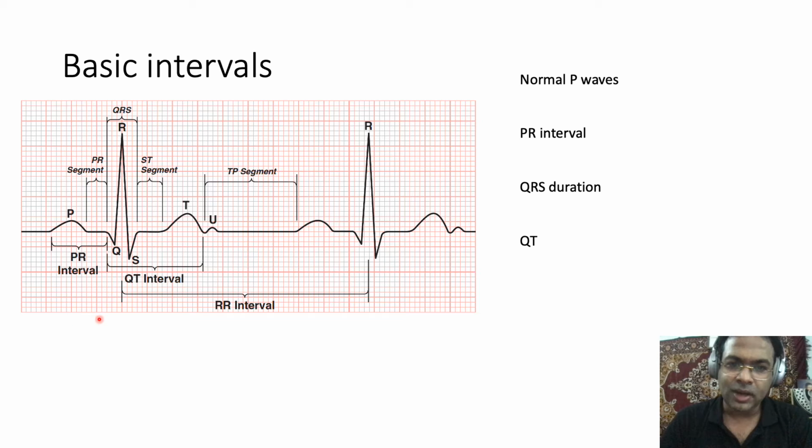The normal PR interval generally ranges from 0.12 to 0.20 seconds. Normal QT interval is generally less than 0.44 seconds in males and 0.46 seconds in females. The RR interval is basically the time between two QRS complexes, and that decides the heart rate. Normally it's around 600 to 800 milliseconds.